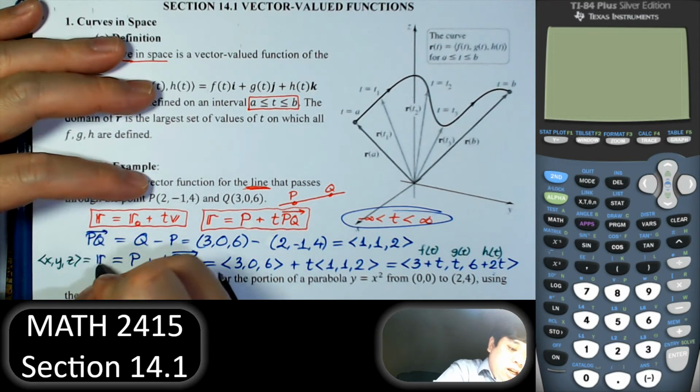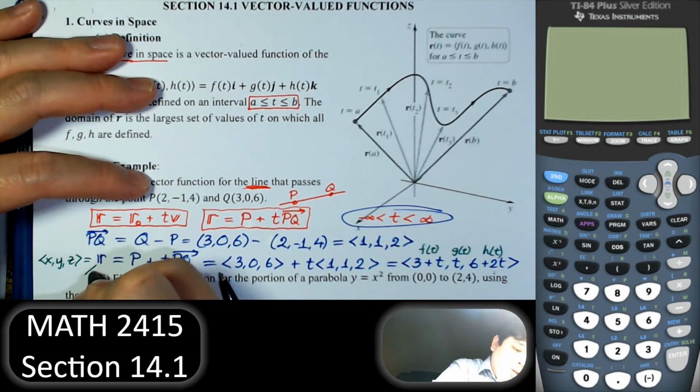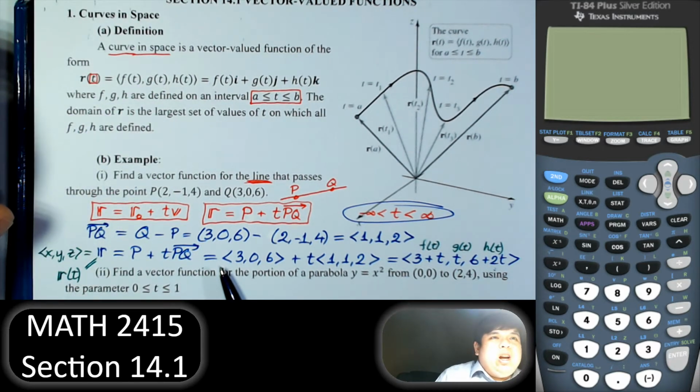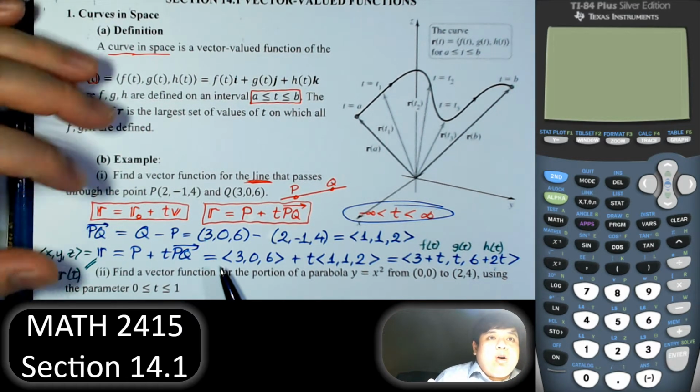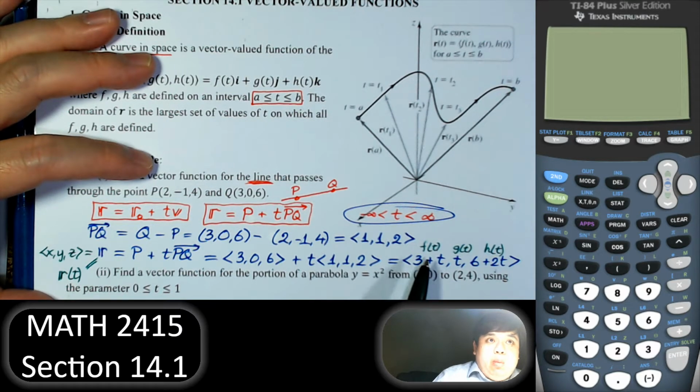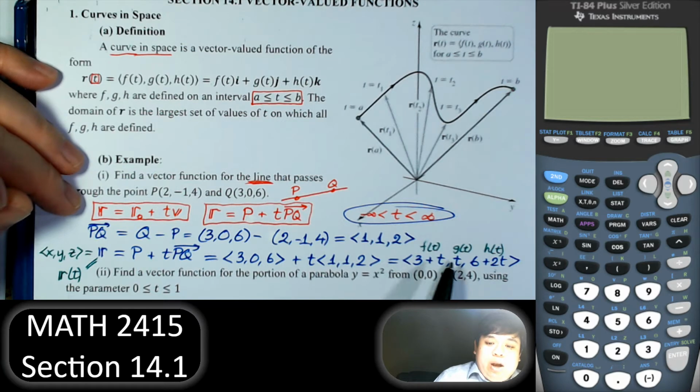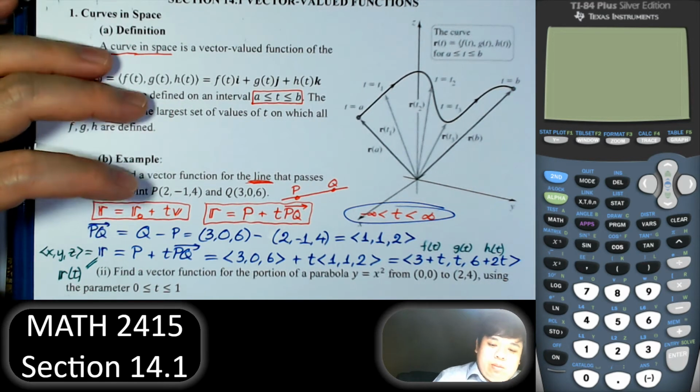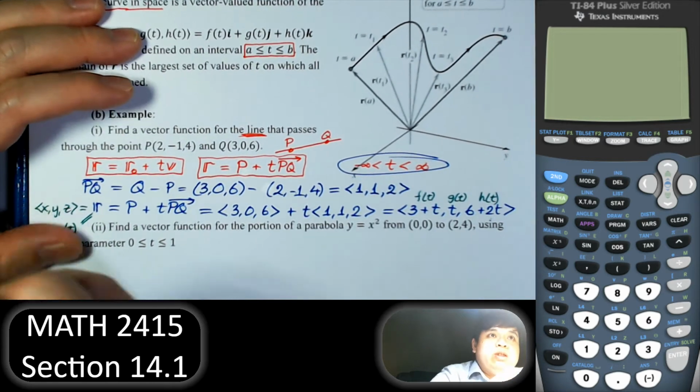Or we can just say r is also a function of t. There are a lot of different ways to write this, but bottom line, it is a parametric form or parametric equations. So we have three functions of t.